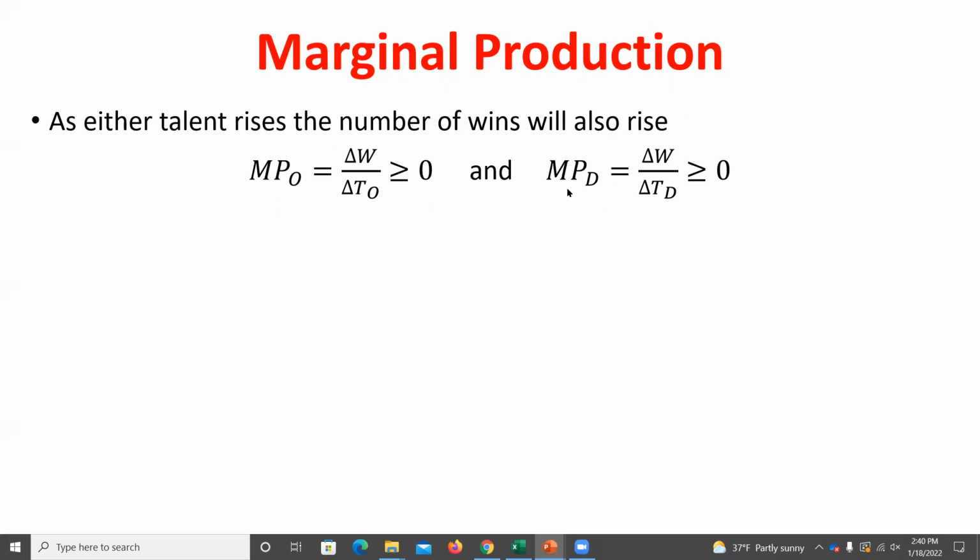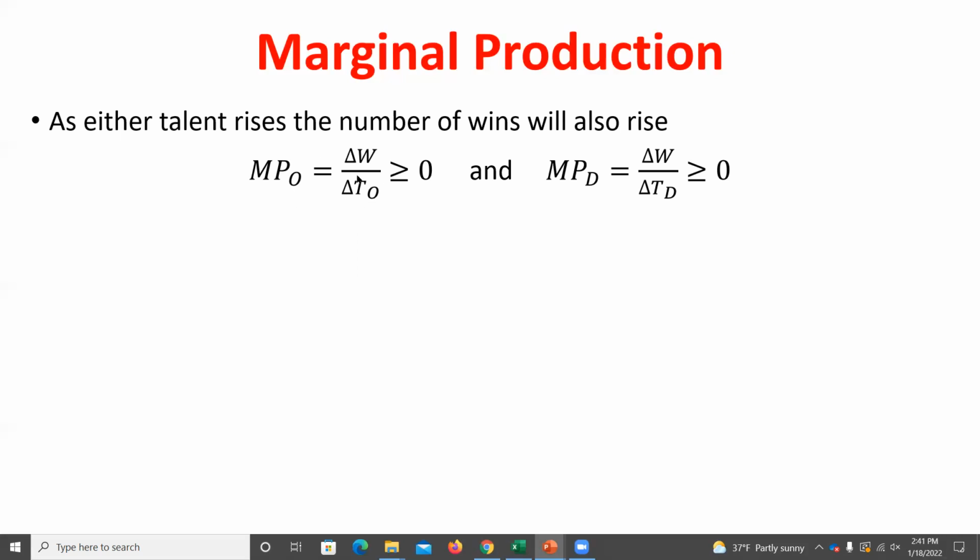Or here we have the marginal production of defense being the change in the number of wins and the change in the units of talent on my defense. Okay. Usually we have something like the change in quantity from a change in the number of workers I have, something like the marginal production of my labor.